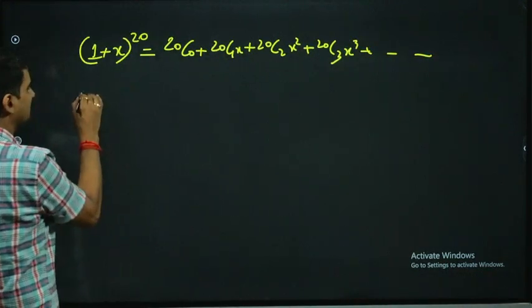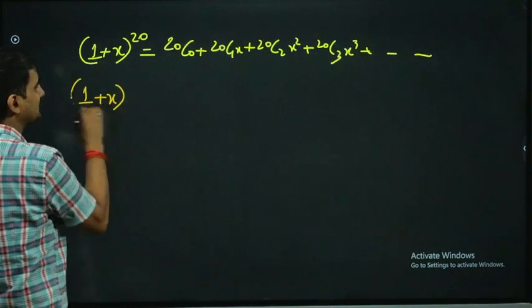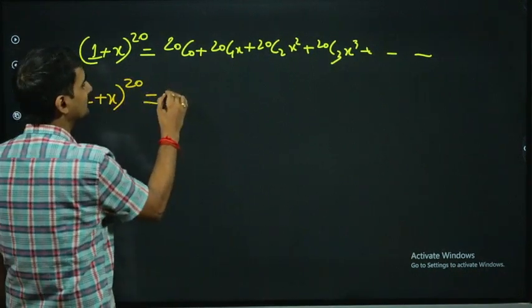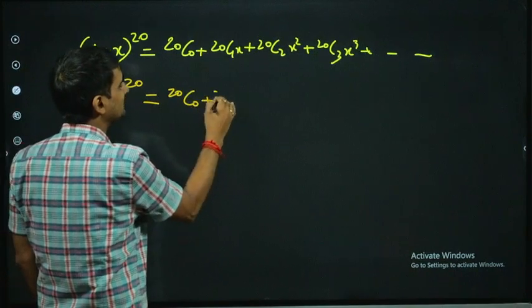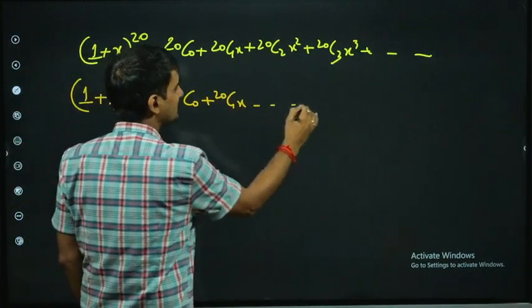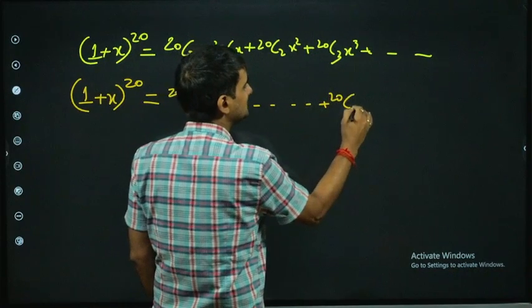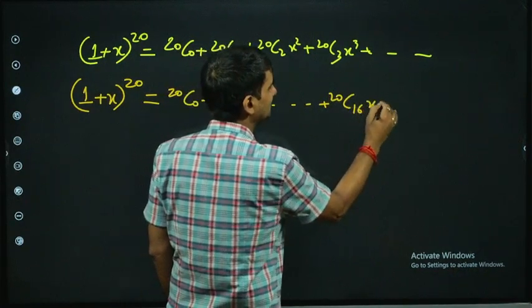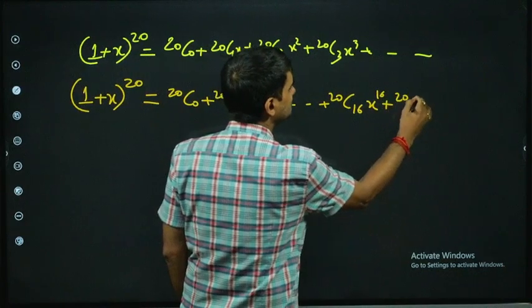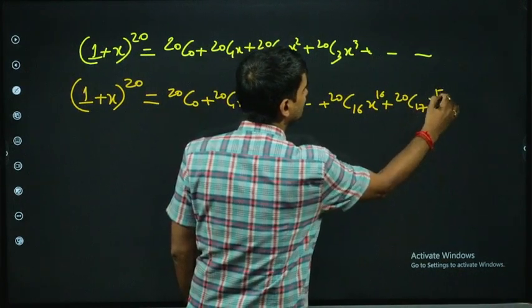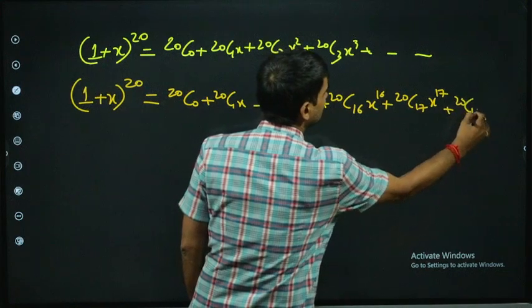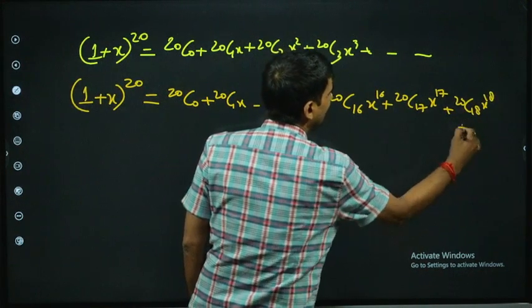Similarly, I'll be considering one more binomial expansion here, the same rather. So it will be 20c0 plus 20c1x plus 20c16 x raised power 16 plus 20c17 x raised power 17 plus 20c18 x raised power 18 and dot dot dot.